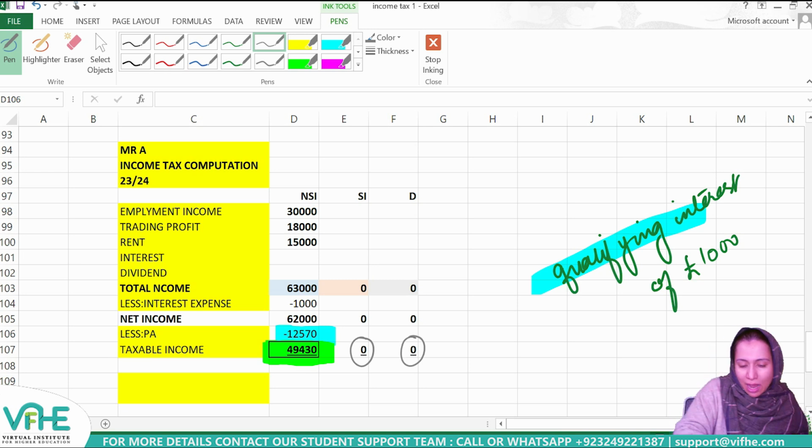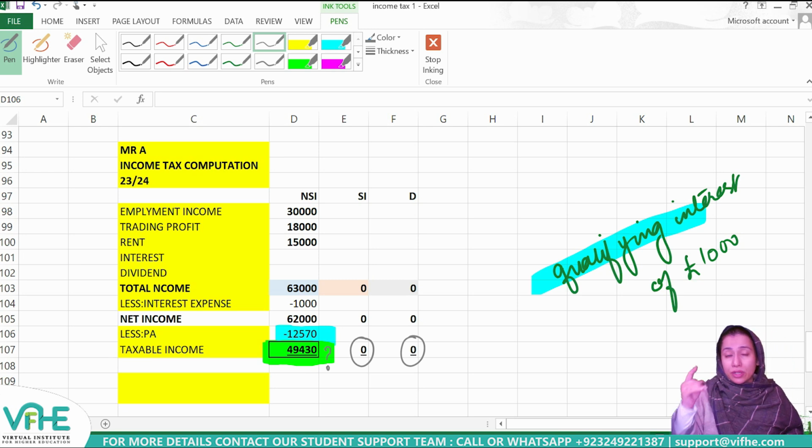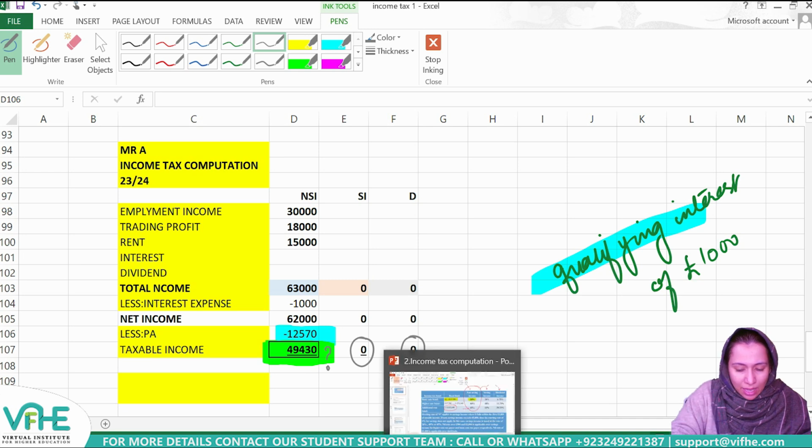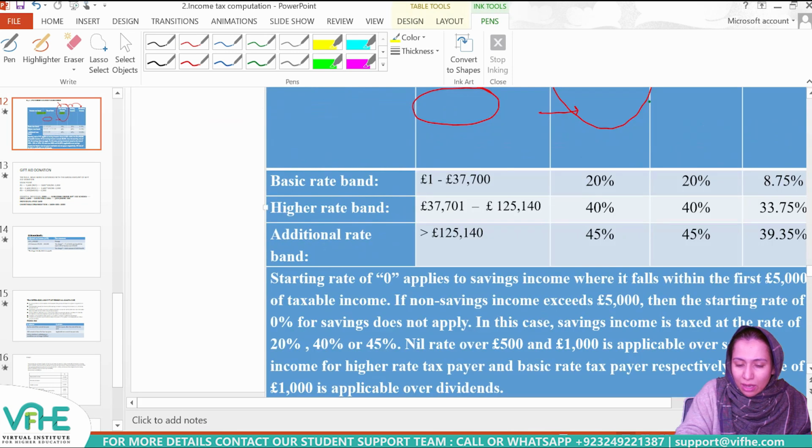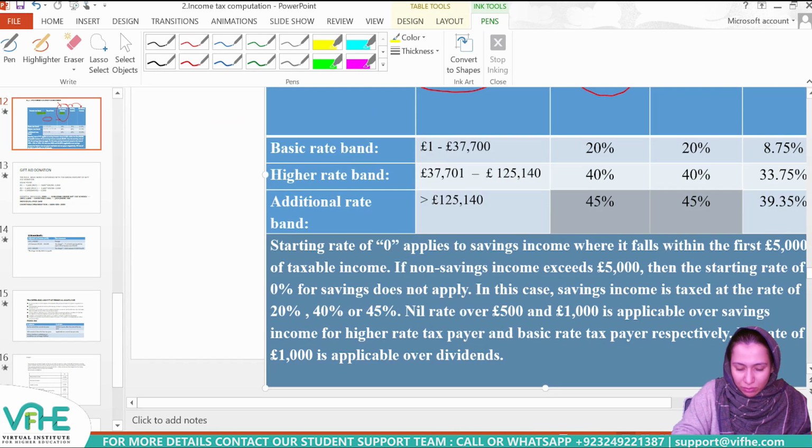So I will have to check this person's status first. This person has a taxable income of £49,430. Let's have a look at the tax tables. His income is more than £37,700.